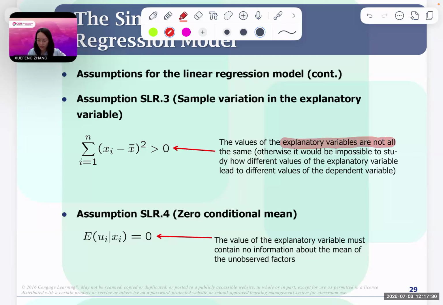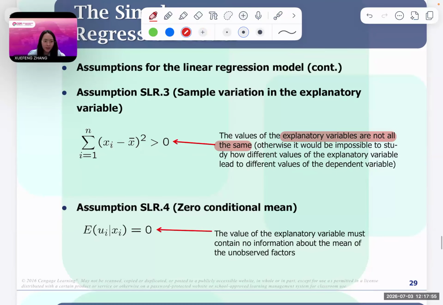Explanatory variables are not all the same. This is called sample variation in the explanatory variables. In mathematical terms, we need this one, okay? The summation of xi minus x bar squared to be positive. Or we can call this assumption no perfect collinearity, which means no correlation between x.